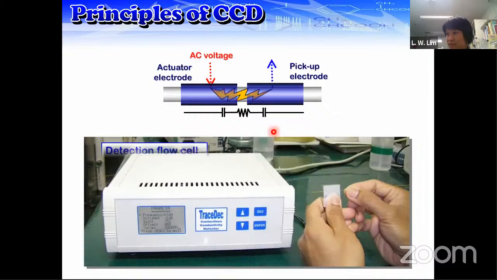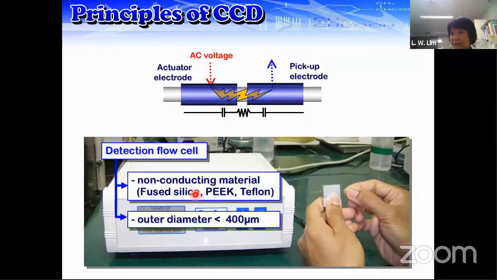I want to show you the flow cell. The detection flow cell can be a non-conducting material like fused silica. For our column, we use fused silica and PEEK, polyether ether ketone, which is not so flexible.